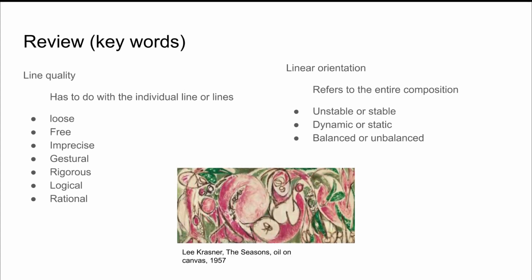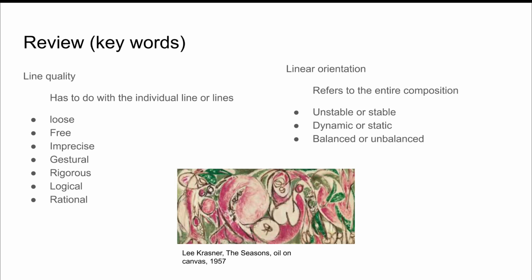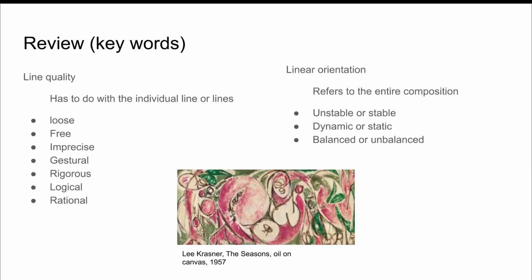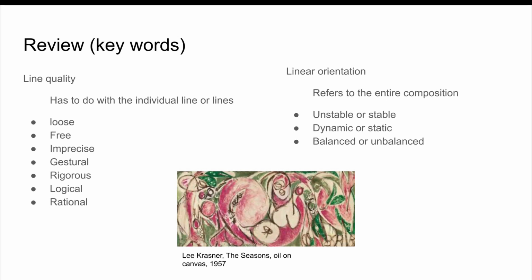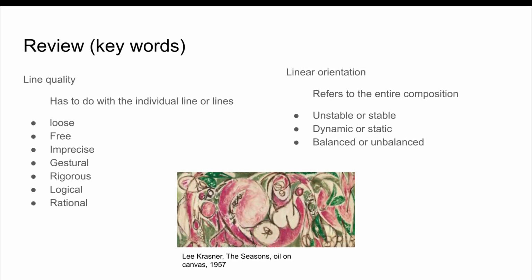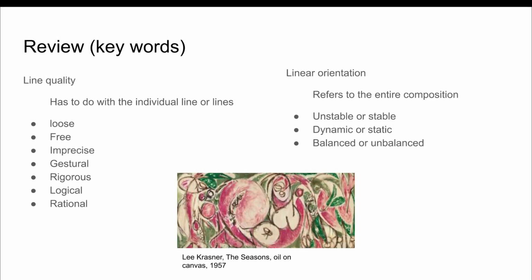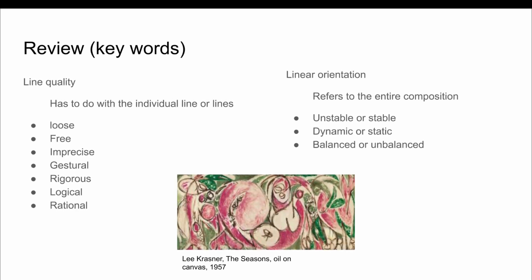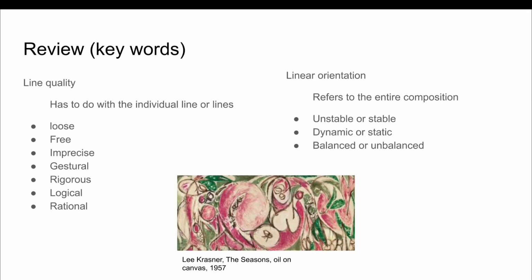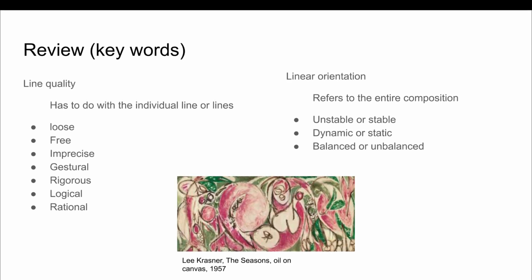But linear orientation refers only to the entire composition, not the individual line. So you could say that the composition would be unstable or stable, dynamic or static, balanced or unbalanced. And this is what we're thinking of when we're thinking of these keywords.